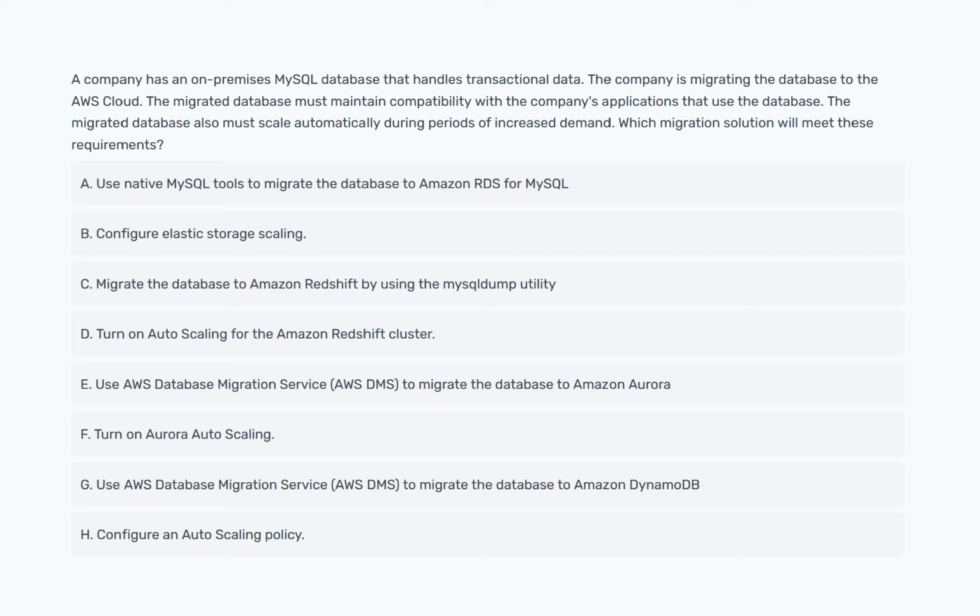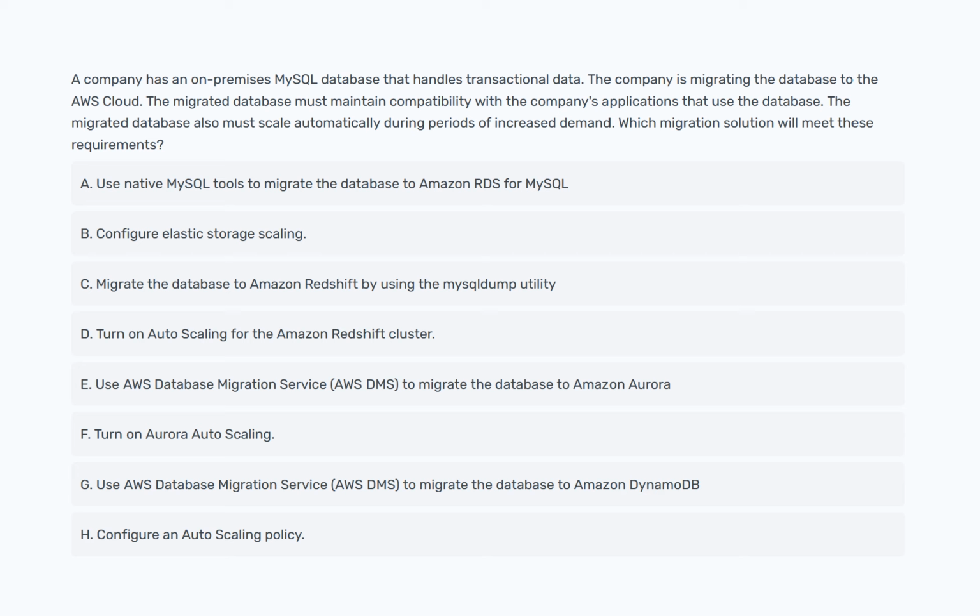So you got A to H answers. You probably have to select a few of them together, right? Use native MySQL tools to migrate the database to Amazon RDS for MySQL. That's one of them. Configure elastic storage scaling, right? Migrate the database to Amazon Redshift by using the MySQL dump utility.